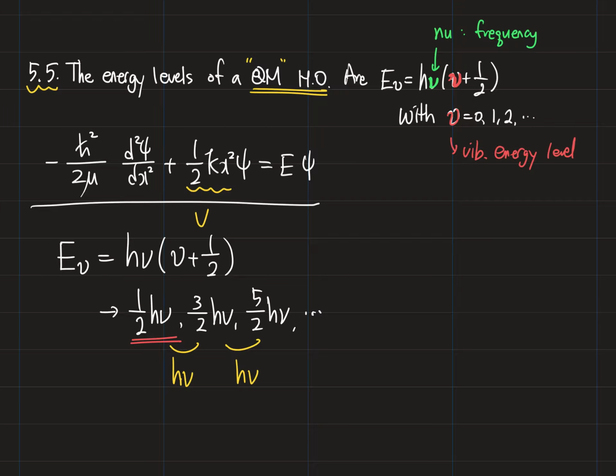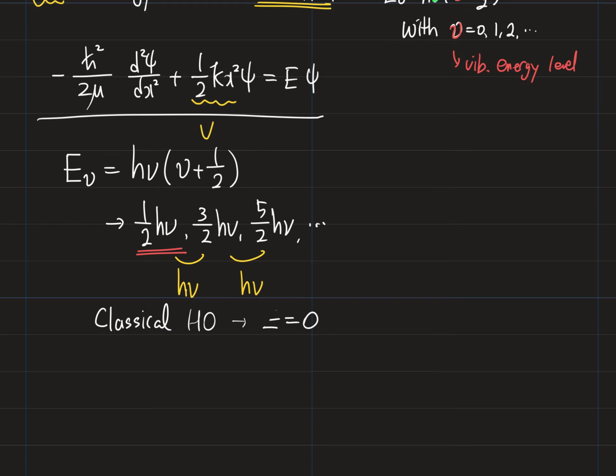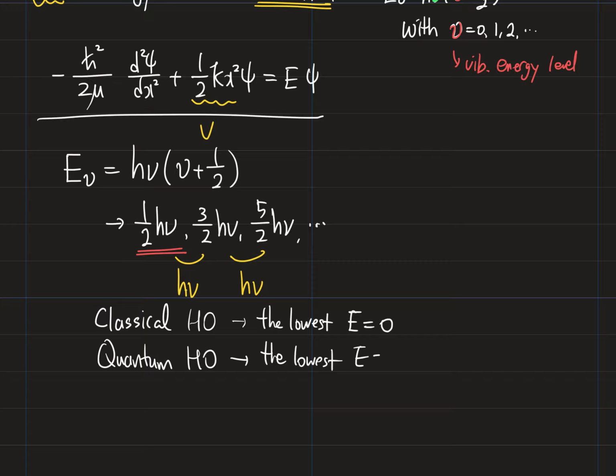So for the classical harmonic oscillator, the lowest energy should be zero. But for the quantum harmonic oscillator, the lowest energy should be half of h nu.